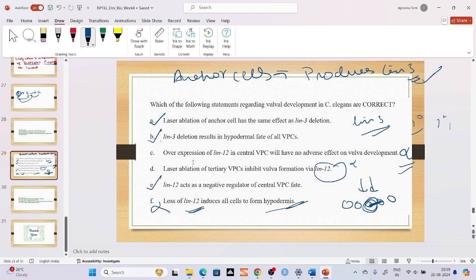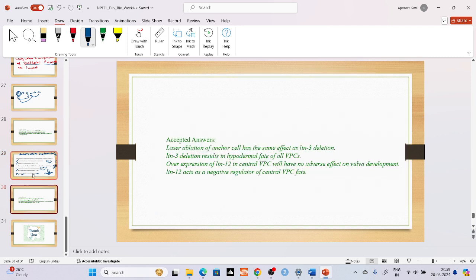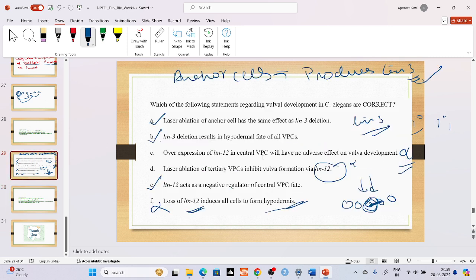Overexpression of Lin12 in central VPC, this is also correct. Sorry, it is correct.